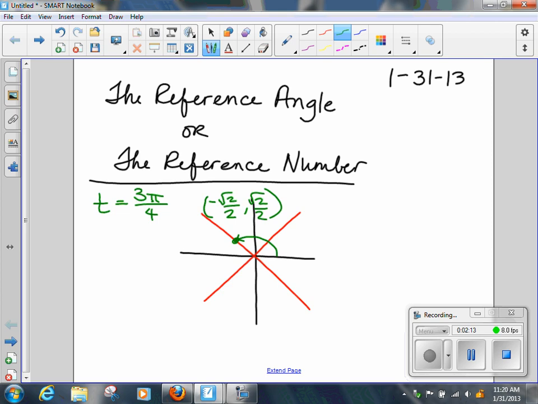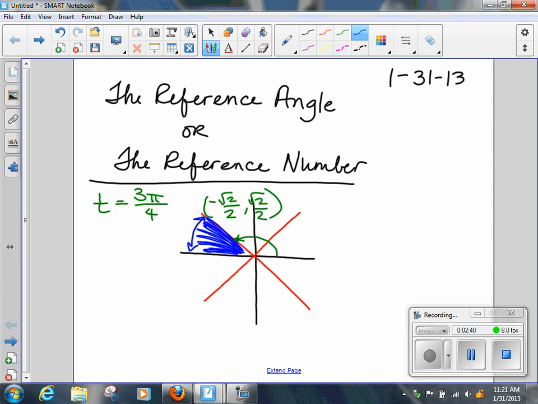Now, that's the angle T, but we're talking about the reference angle, okay? If you look at this, there's a portion or a slice that will get you close to the x-axis, isn't it? This piece right here will get me back to the x-axis.